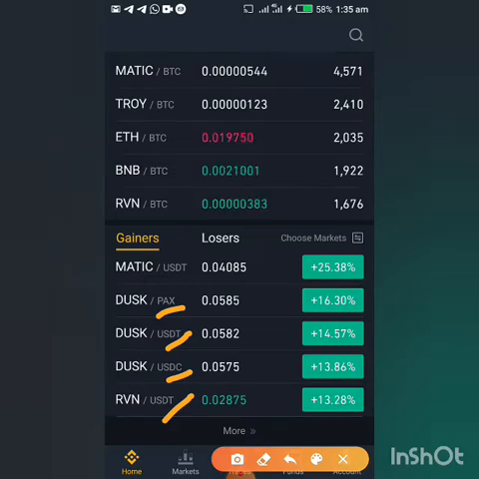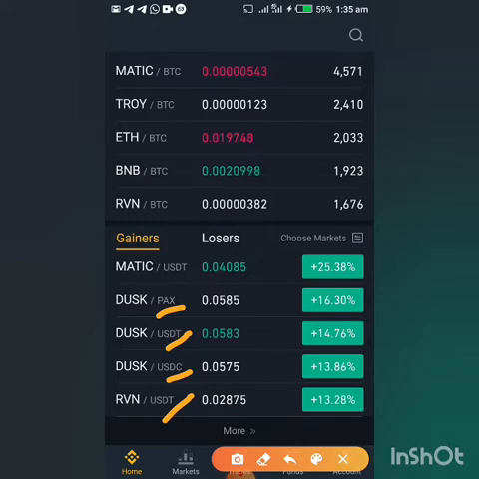BTC, for instance, we have BTC USD, BTC USDT, BTC Pax, BTC USDC, and then the list continues.